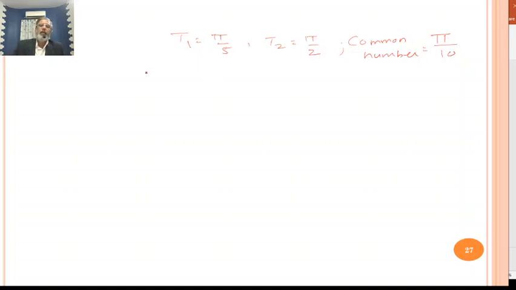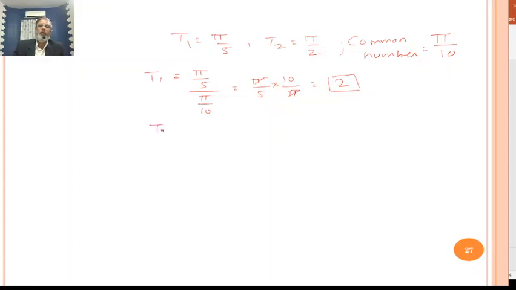Then we will divide this T1 by the common number pi by 10 and simplify this. After simplifying, this is 2. This is an integer number.